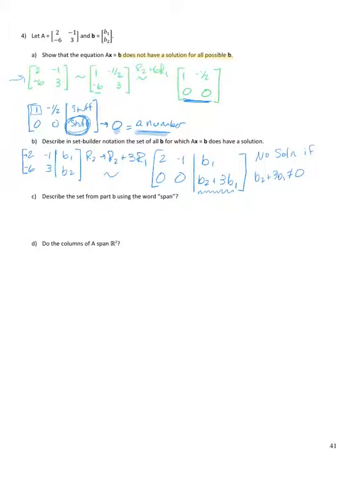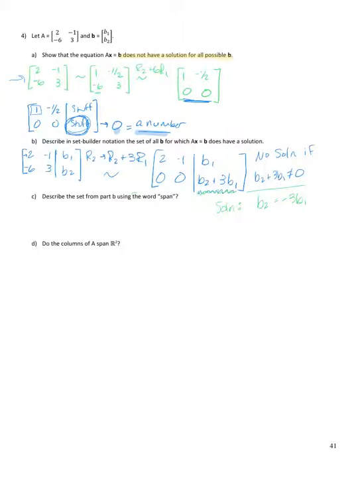So that means that it does have a solution. This system does have a solution if B2 equals -3B1. If this number is 0, there's no inconsistency in the last row. So we have a solution if B2 equals -3B1.